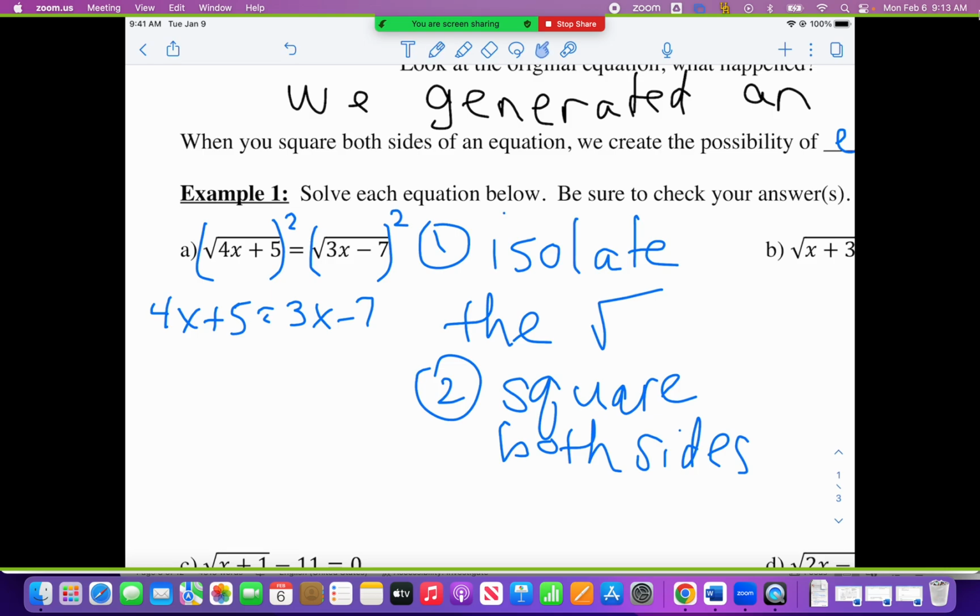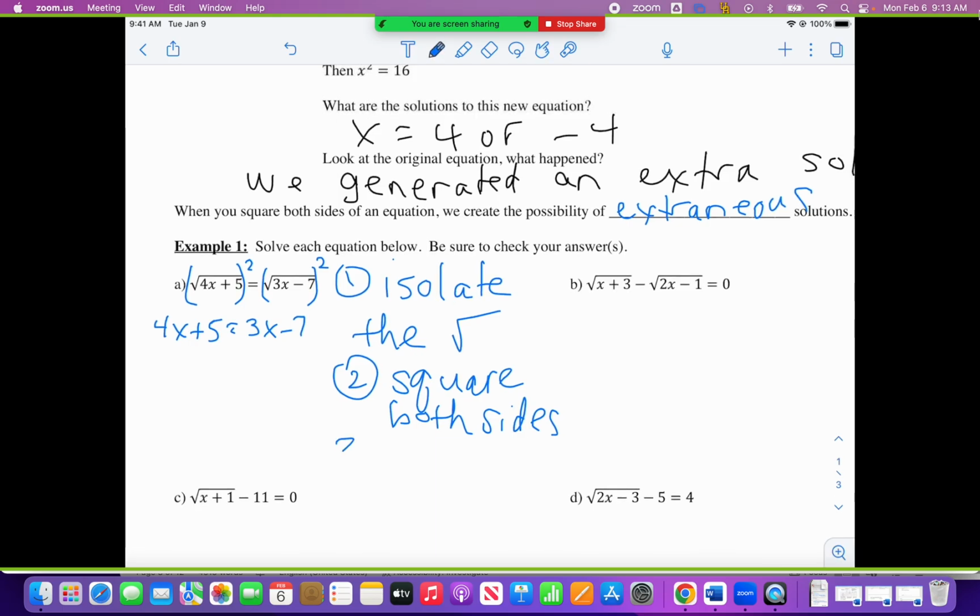Step 3, solve the resulting equation. All right, so do that with your 4x plus 5 equals 3x minus 7. Go ahead and solve that equation.